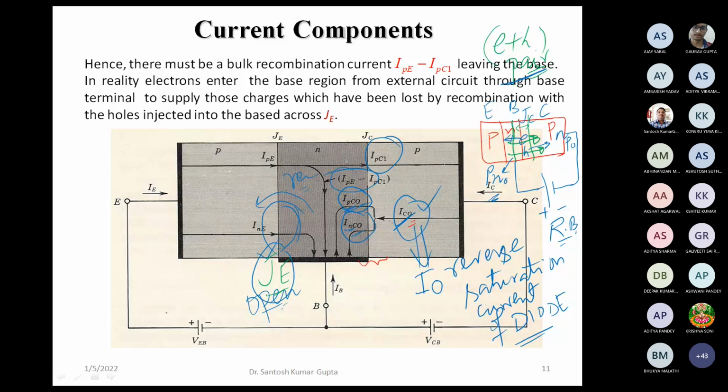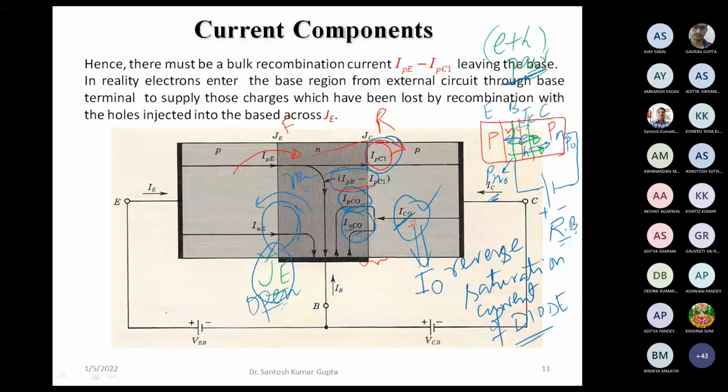So again we can summarize here that the emitter junction is forward biased and the collector junction is reverse biased. Holes are injected from the emitter into the base, a part of this recombines resulting in this current component, and the rest are collected by the collector resulting in IPC1.